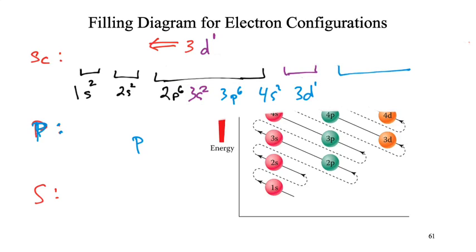Which column of the p block? The third, so it's going to be p3. Which row? 3. Is that one I have to worry about an offset on? Nope. So I'm looking for 3p3. That gives me information that I can now use to whittle down multiple choice answers when it comes to electron configurations. The rest are all filled.